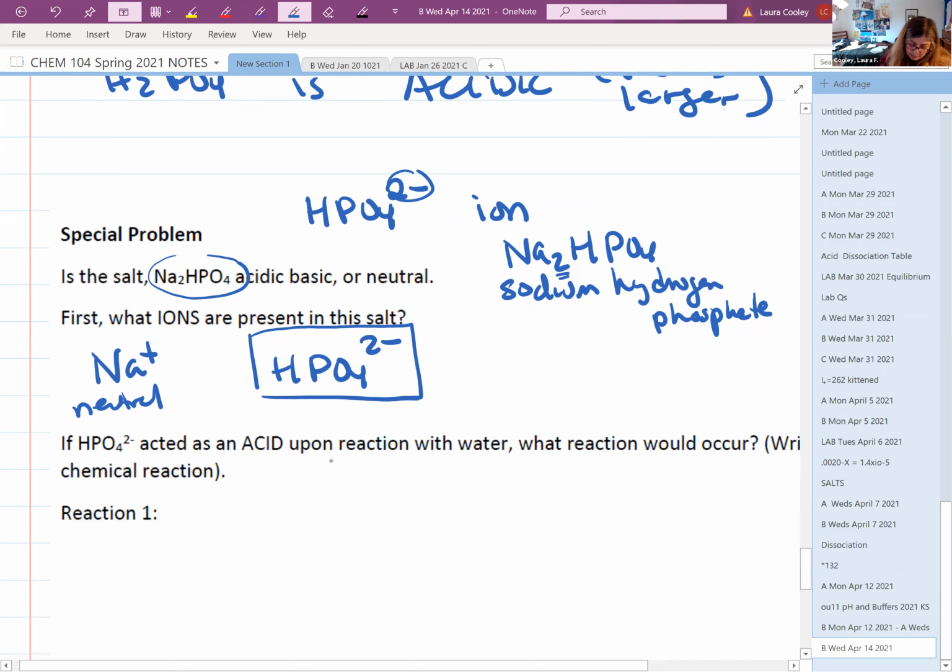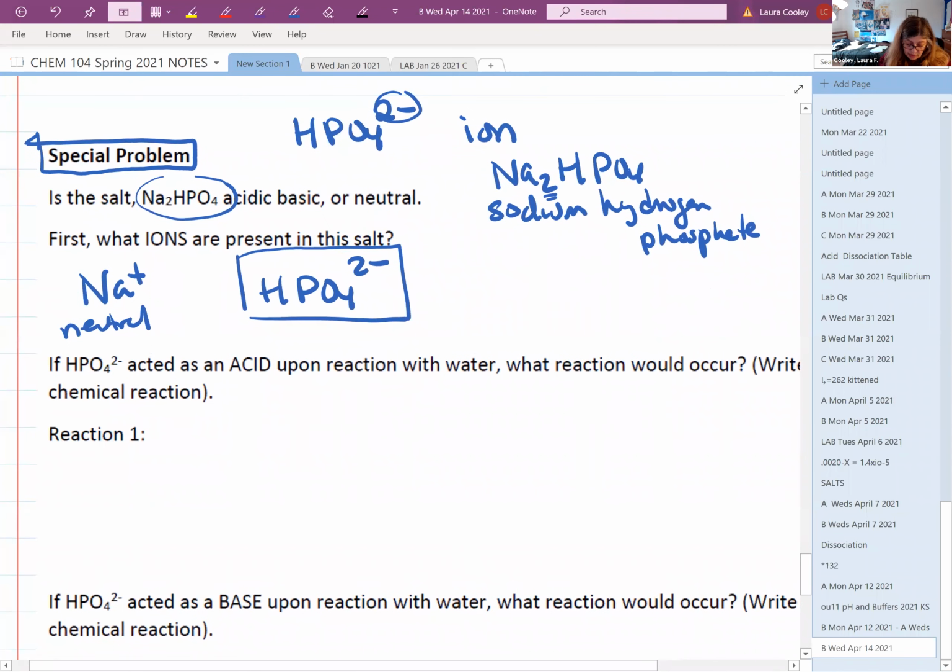So this is a special problem. I'm not going to do it now, and I would say you should do it if you're interested in it. It's not a hugely important part of this course, but it's an interesting problem. What this problem asks you to do is to write the chemical reaction if HPO4 acted as an acid. In other words, what happens when it reacts with water and donates a proton?